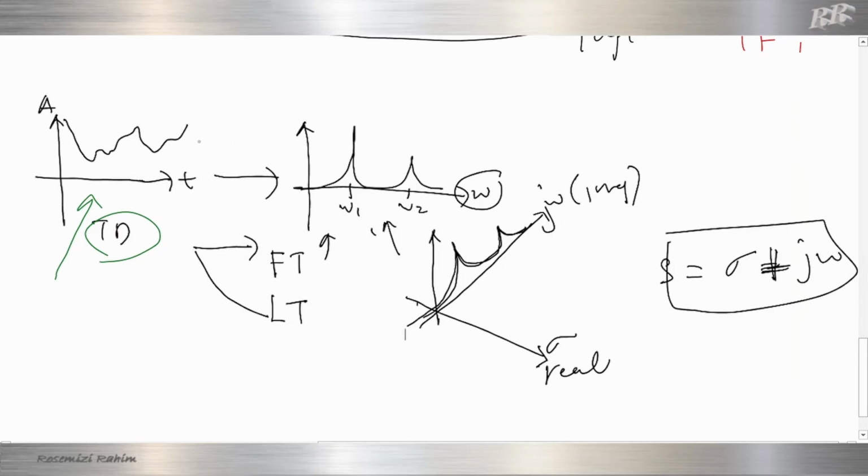By using the Fourier transform or Laplace transform, we can convert it into the frequency domain, so we can separate it into a number of signals. Let's say this one is frequency 1, this is frequency 2, frequency 3, frequency 4, and so on.